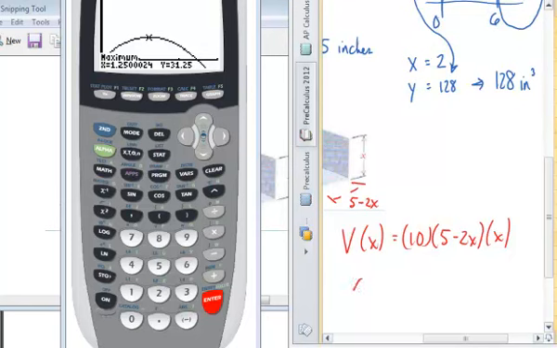So my height for this box will be 1.25 inches, and my volume, as the calculator shows me, is going to be 31.25 inches cubed.